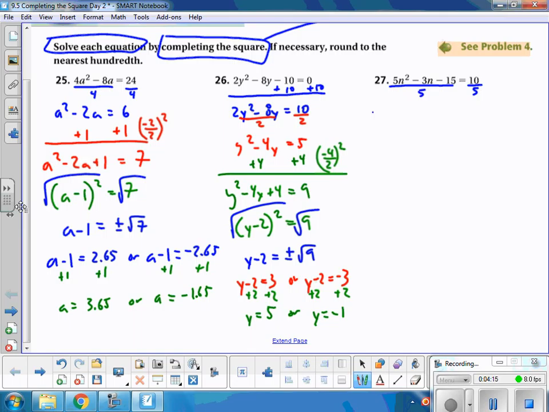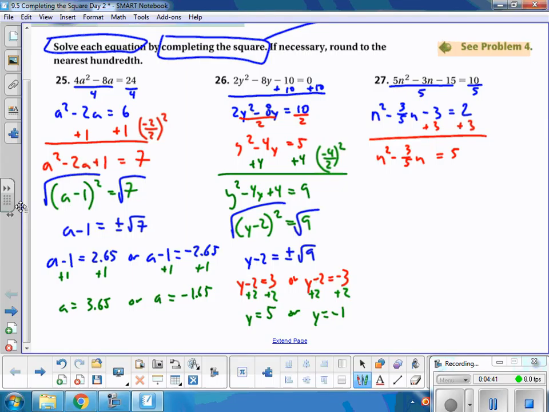So when I simplify this, I end up with n squared minus 3/5 n minus 3 equals 2. I add 3 to both sides, and I end up with n squared minus 3/5 n equals 5.